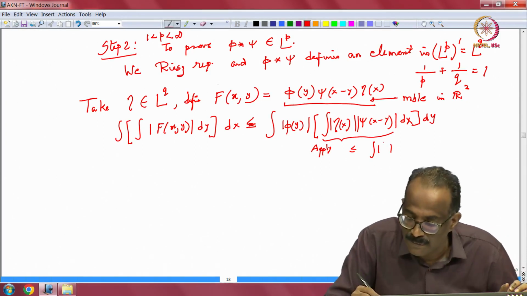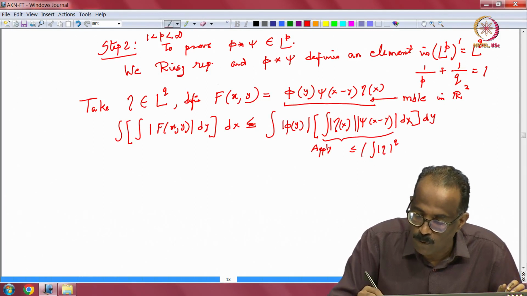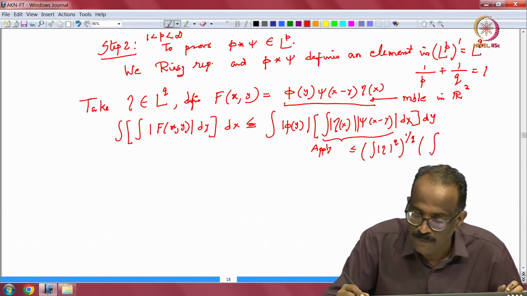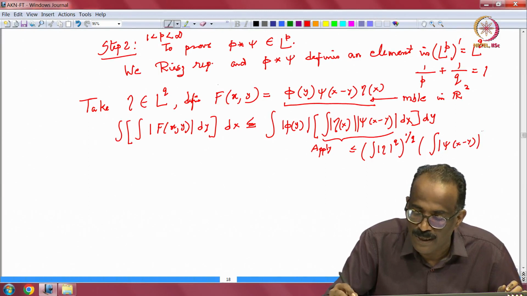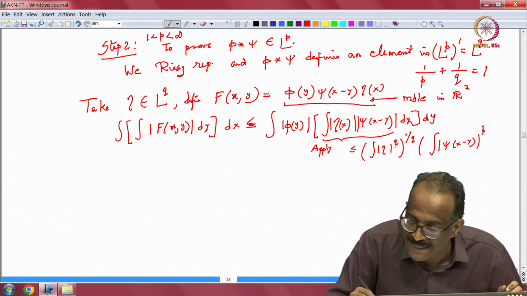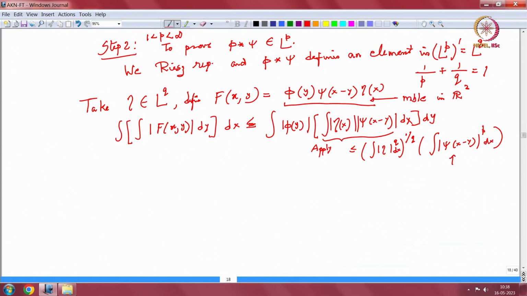So this will be norm theta at q, whole power 1 over q, and the integral of modulus of psi of x minus y to the power p, with respect to dx. Keep that in mind. Again apply change of variable or translation.